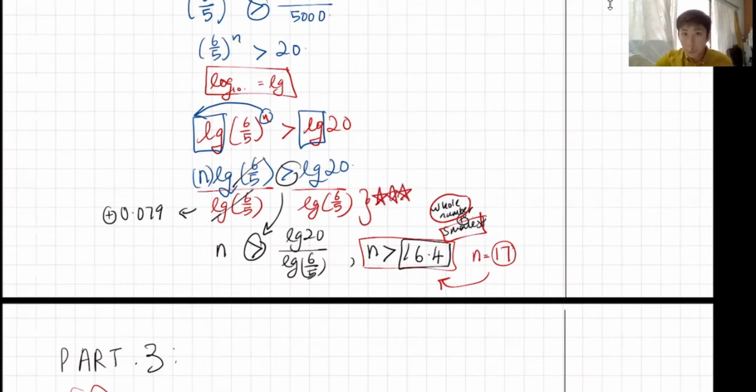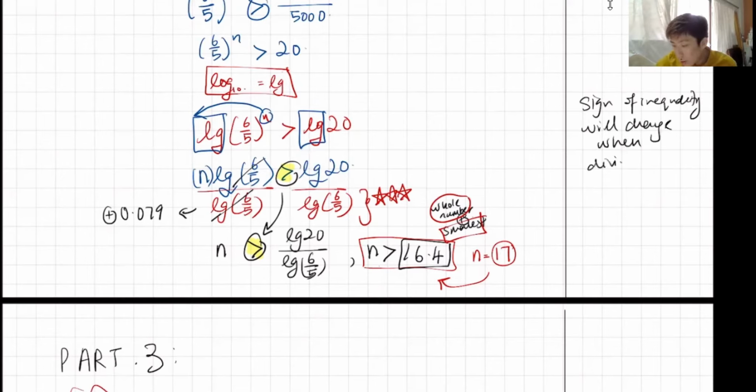I put a triple star here. Why? Because there is a possibility the sign will change. This sign did not change, but there's a possibility it will. I'll tell you when. The sign of the inequality will change when we are dividing or multiplying both sides, only dividing or multiplying, not adding or subtracting. Plus and minus, if you shift over, doesn't matter.